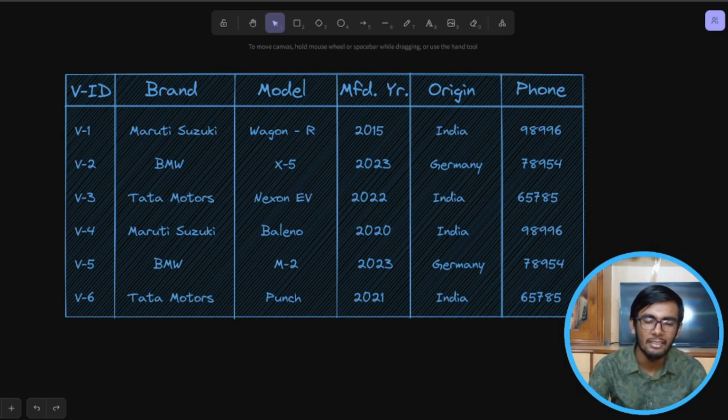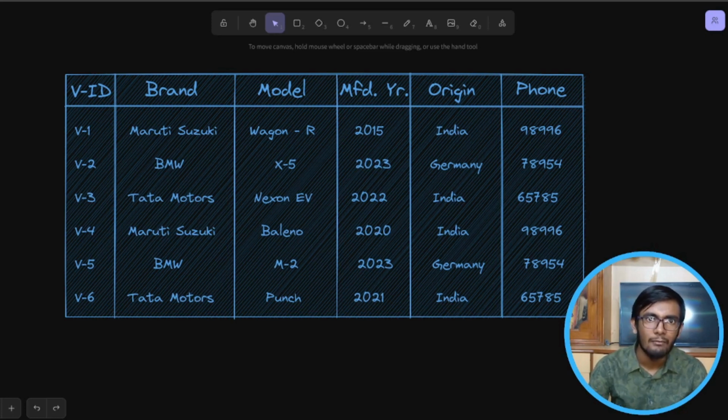I hope that's clear. Then we also have one more problem. What if the Maruti Suzuki's phone number has to be changed? We have to search for every single record having the brand Maruti Suzuki, and change the details in each and every record separately.